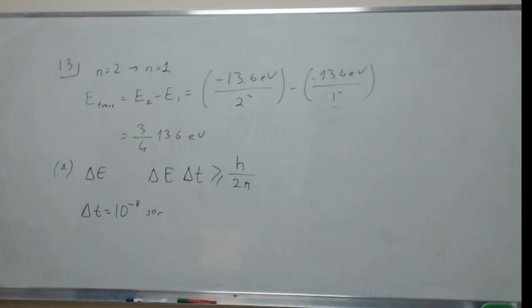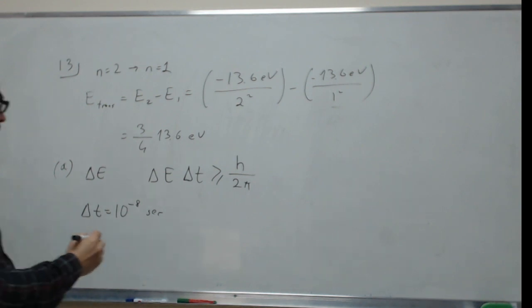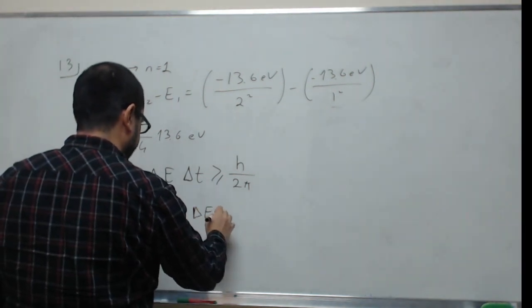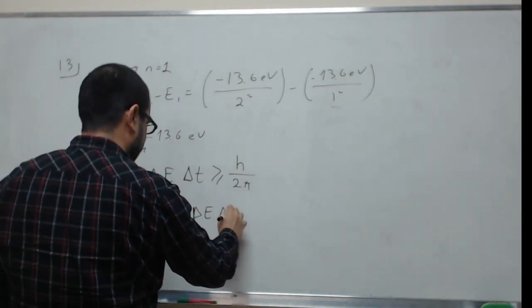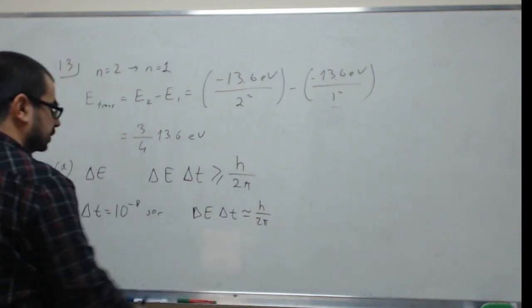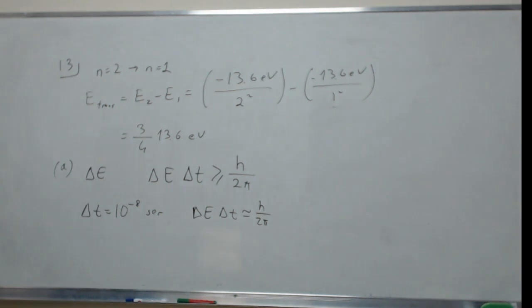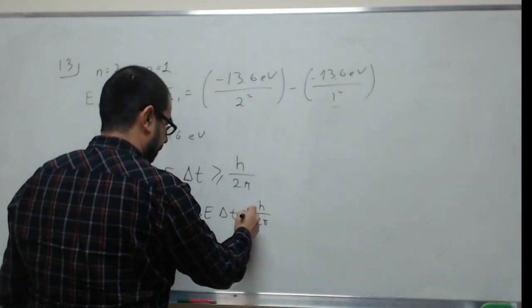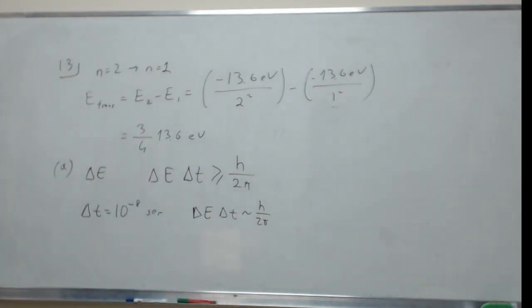And we are to find delta E. So we are going to say that delta E times delta T is approximately h over 2 pi. Not only is their product larger than or equal to h over 2 pi, this is the limit, but we're going to say this is of the order of h over 2 pi. This is a very common way to estimate quantities using the uncertainty principle.